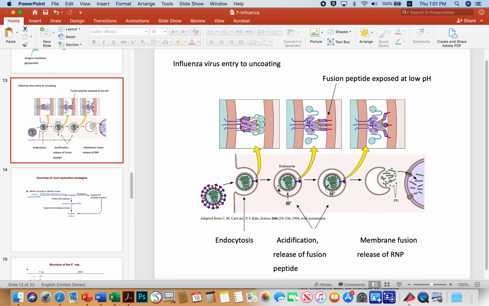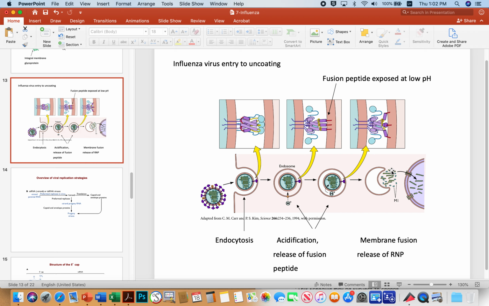That acidification of the endosome ultimately allows the protons to translocate across the virus through that M2 ion channel that I showed you previously, and that acidifies the internal core, and that changes this membrane fusion peptide that's associated with the hemagglutinin in such a way that it allows it to fuse the membrane and then spit its genetic information into the cytoplasm.